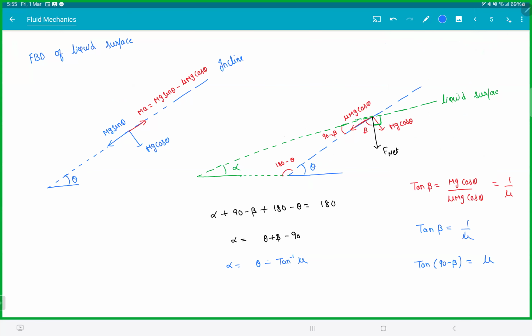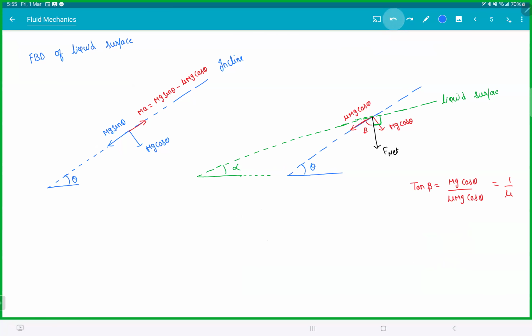If these angles were looking confusing, I can do one thing. Let me just change the beta. I can choose this angle as beta.